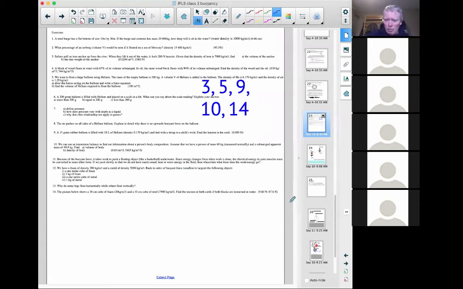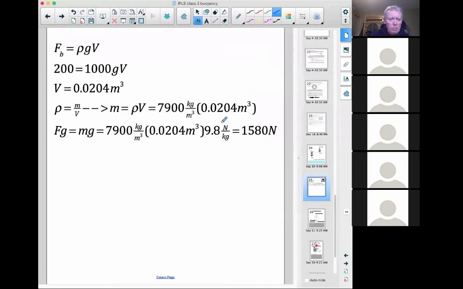Oh, sure, Julie. So there were 2 steps. Part A, you were asked to find the volume. So we just used the Archimedes equation for that. And then part B, you were asked for the weight of the anchor. So first we found its mass, and then we just multiplied by g to get the weight.